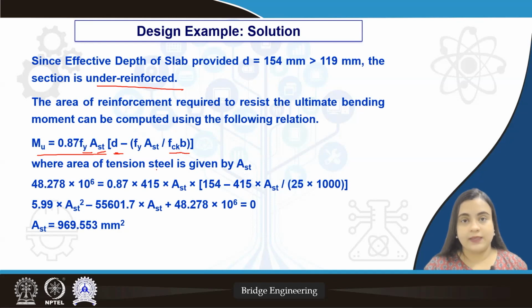So if we apply the magnitude of all the parameters and rearrange the terms, we can see that it is turning into a quadratic equation of area of the steel Ast in the form of ax square plus bx plus c equals 0. We can easily solve for it, and from the two roots we can look for the suitable root, and that gives us area of the steel required to be 969.553 millimeter square.